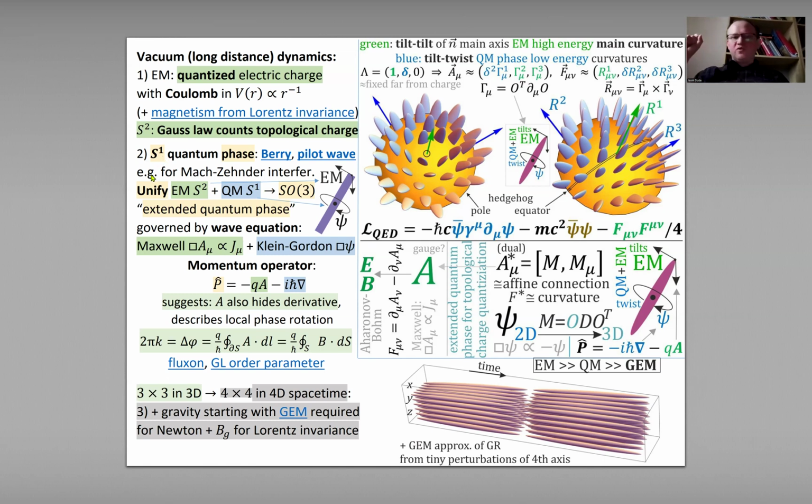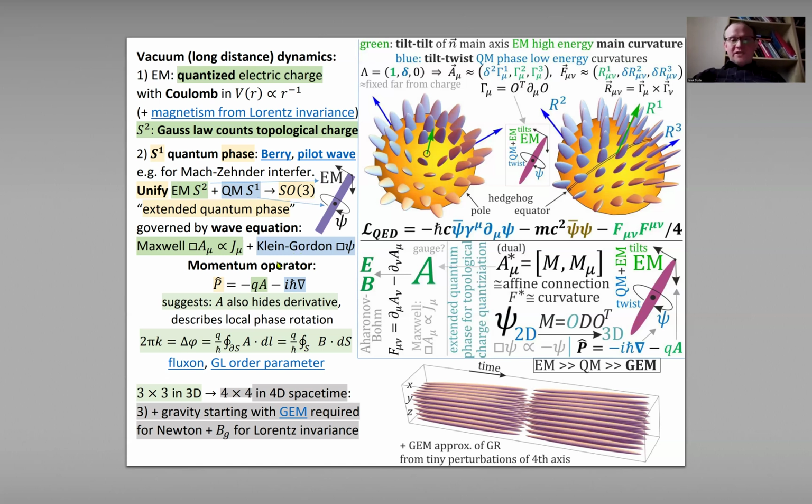And now we combine both, unifying electromagnetism and quantum mechanics, like here, where we have the long axis and the twist. We can see it as an extended quantum phase, which combines both the quantum phase and this phase required for electric charge quantization. So we get Maxwell for this basic phase, plus something close to Klein-Gordon for this quantum phase.